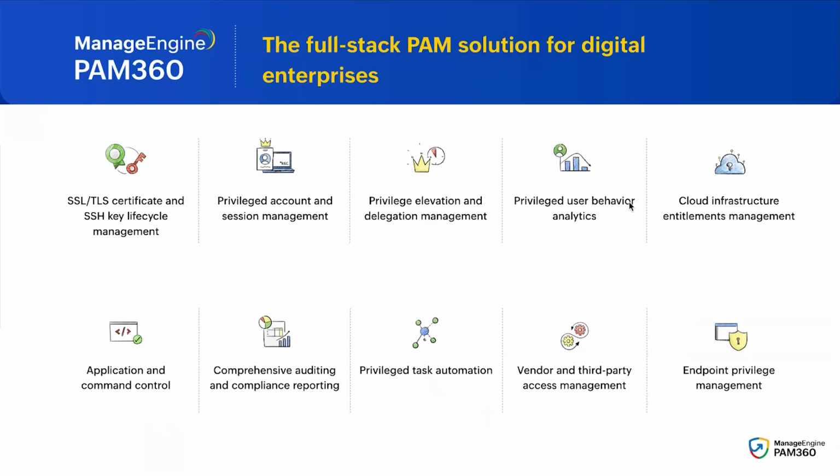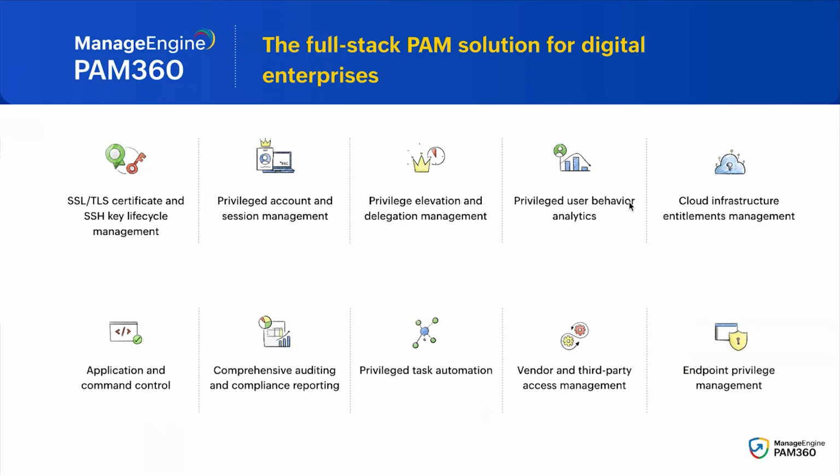You need the guest user to access only a certain application at an admin level. You can do that. Let's assume the guest user has access to a Linux machine. You do not want the guest user to execute all sorts of commands on the Linux machine, and you only want to give a limited level of access to this particular user. You can do that as well with application command control that's part of PAM 360.